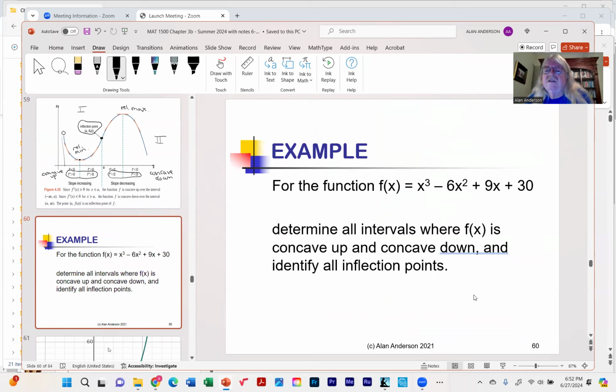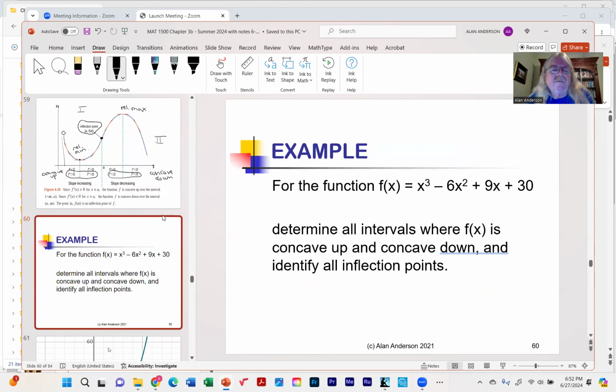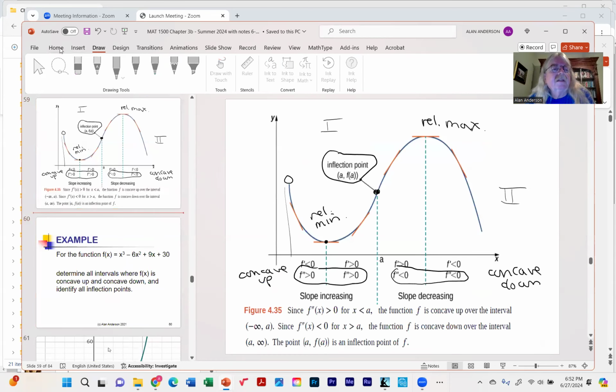Okay, so let's take a look. Now, this is, of course, a polynomial. It's a cubic function. Let's determine all the intervals where f of x is concave up, down, and identify the inflection points. And by the way, there don't have to be any inflection points. Like if you had, for example, something like this.